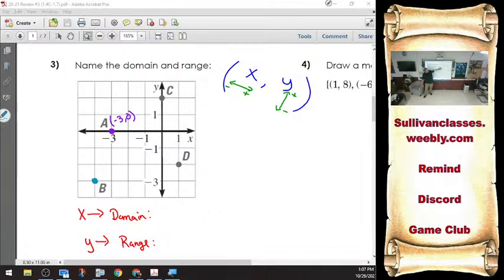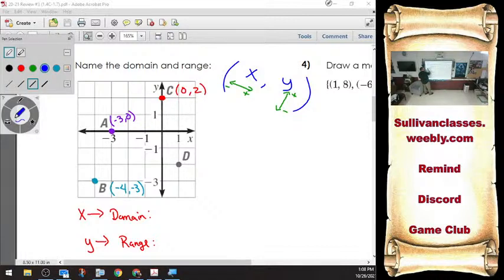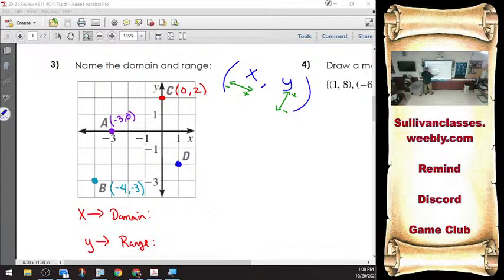Do your left or right first. Left 4, down 3. So we'll call it -4, -3. Okay. C. No left or right, up 2. And D. Right 1, down 2. It got kind of squished together. I don't like that.